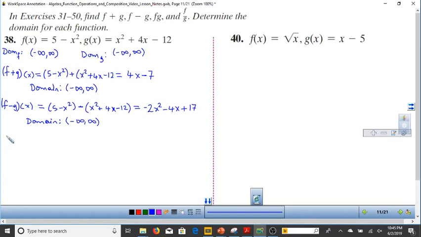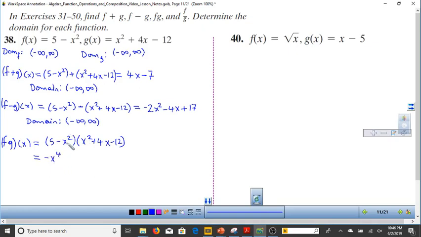Now let's talk about f times g of x. In this case, we're multiplying 5 minus x squared by x squared plus 4x minus 12. And in this case, we're going to distribute. Negative x squared times x squared is negative x to the 4.